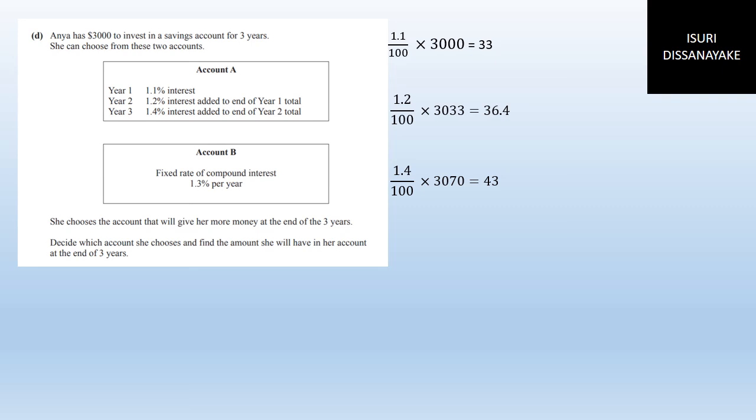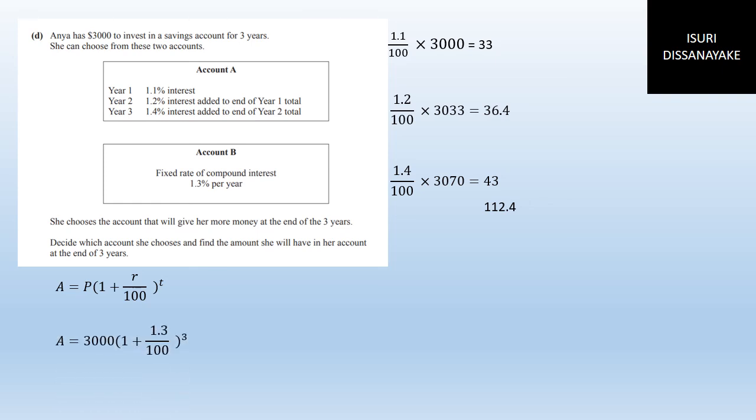That is 43. Now you can see at the end of all 3 years, in account A, she can earn $112.4 of interest only. The interest is $112.4.